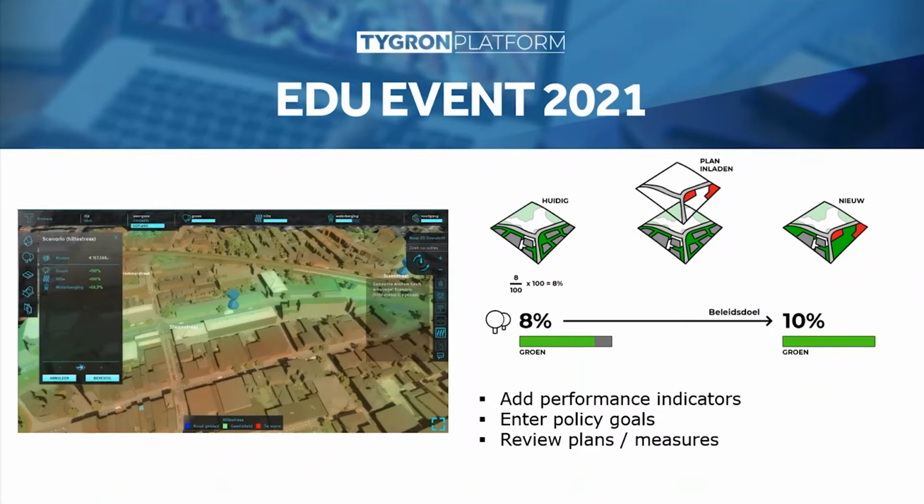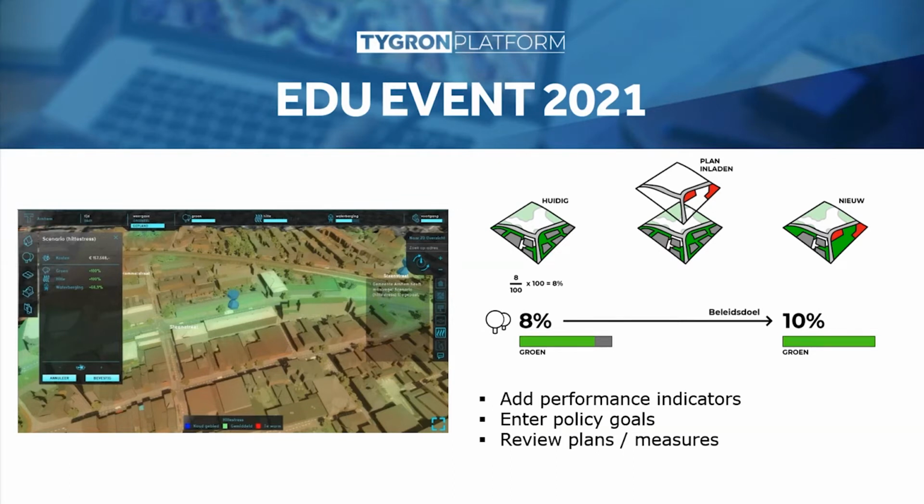When you take actions, measures, review plans, you get really quick feedback about the results of your plan. And everything is being calculated on these performance indicators. So then you have really quick feedback, and you can use this for analysis.